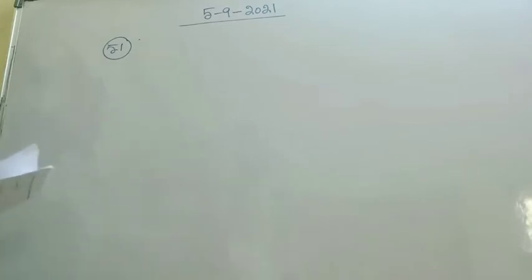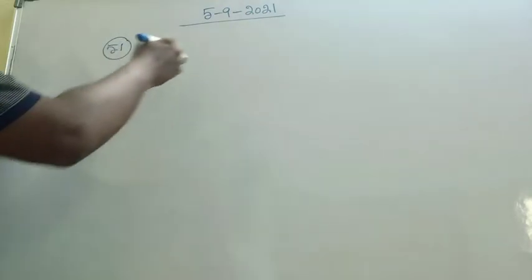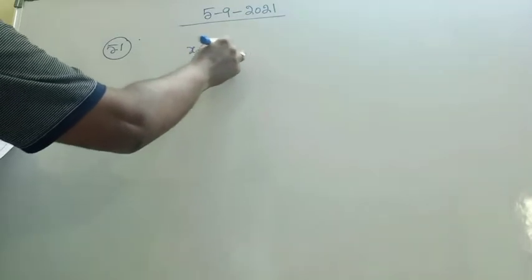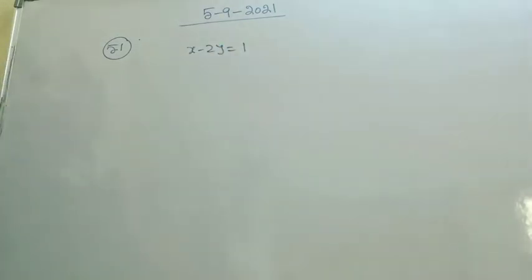The 51st problem, what they have given is the equation of the lines parallel to x minus 2y is equal to 1, which touch the circle.